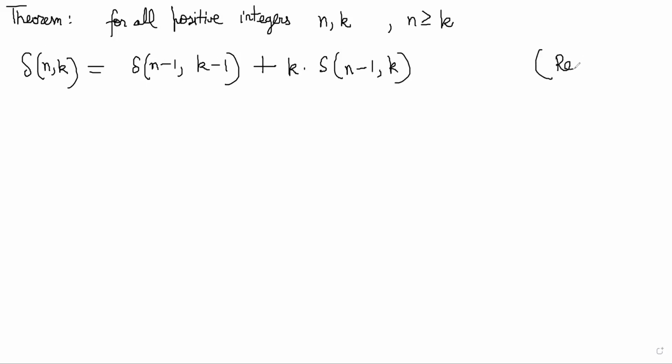This is called a recurrence, and this recurrence will help us calculate the values of higher and higher Stirling numbers. So let's try to understand why this is supposed to be true.